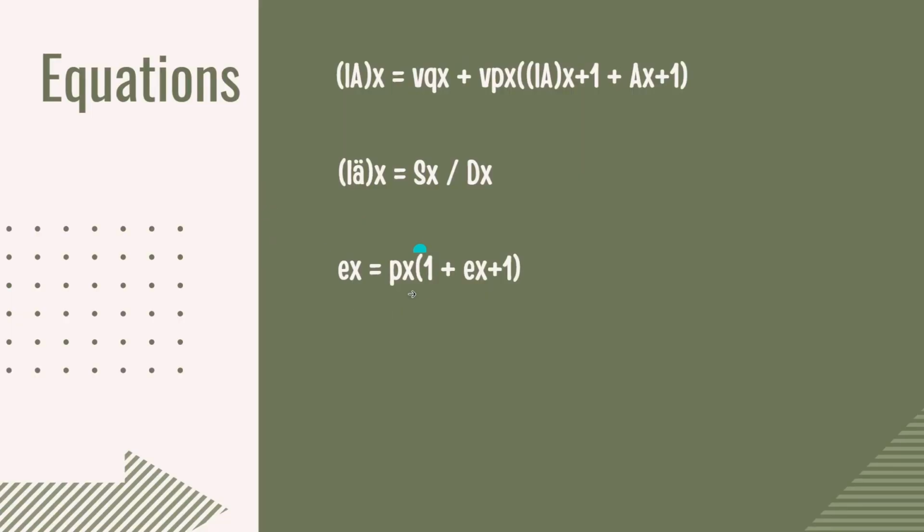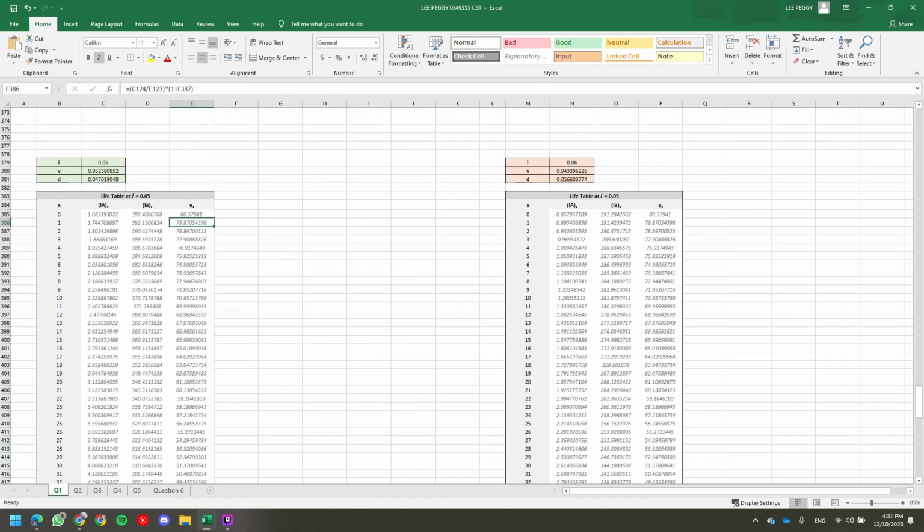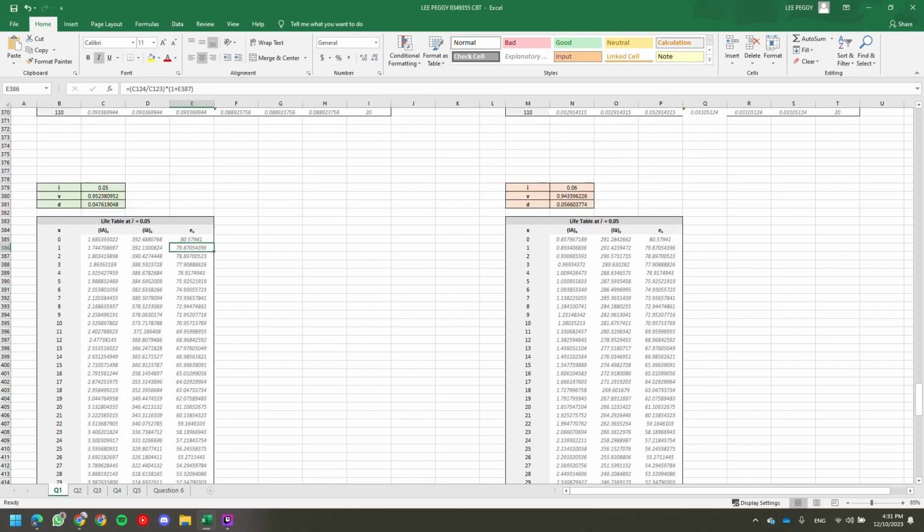For ex, the formula will be px times 1 plus ex plus 1, and we put it into the Excel function, which is px equals to lx plus 1 divided by lx, and then times 1 plus ex plus 1, which is this. And then similarly, we drag it all the way down to obtain all the values, as well as when i is equals to 0.06.